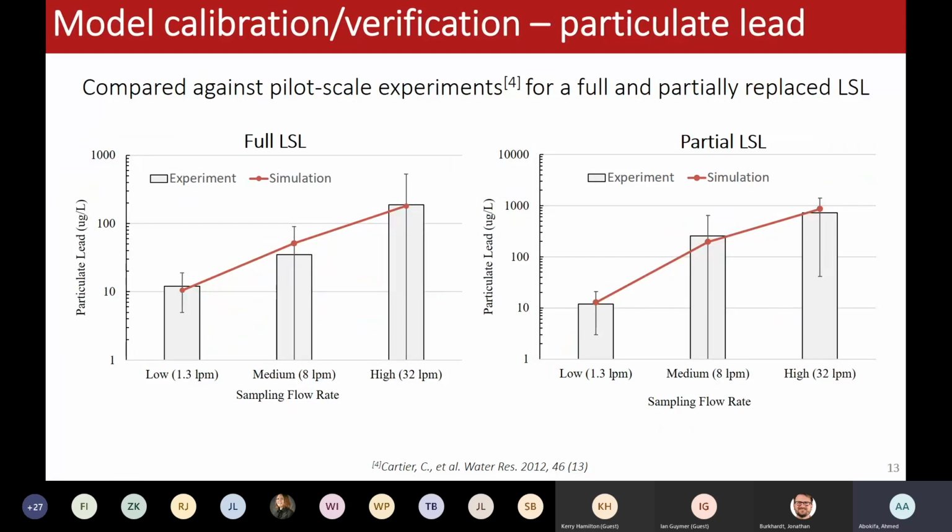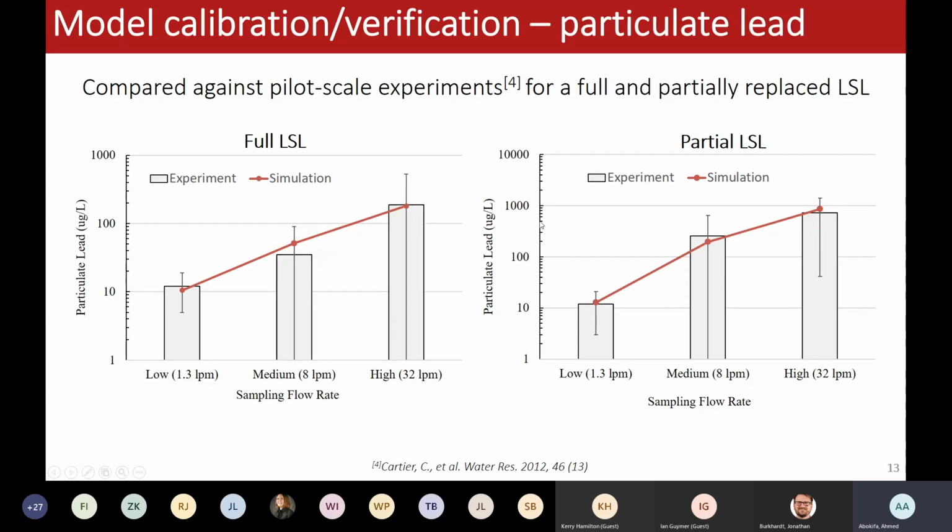We also compared the results of the particulate lead model against pilot scale experiments. Here, the pilot scale experiments were done for a full lead service line and a partially replaced lead service line. And you could actually see a couple of interesting things here. First of all, the release of particulate lead increases significantly with the increase in the flow rate, which is not surprising.